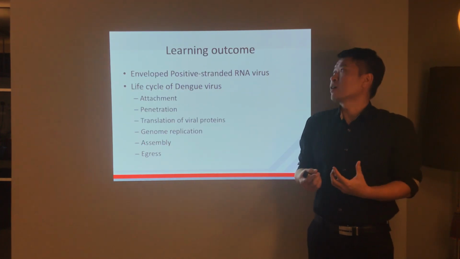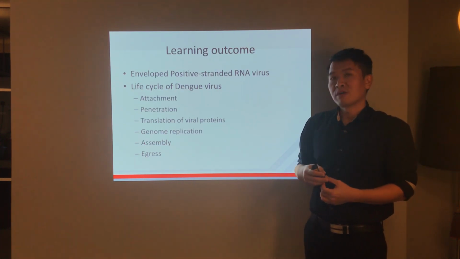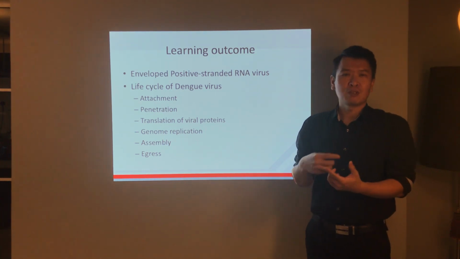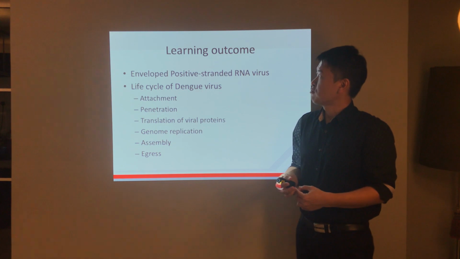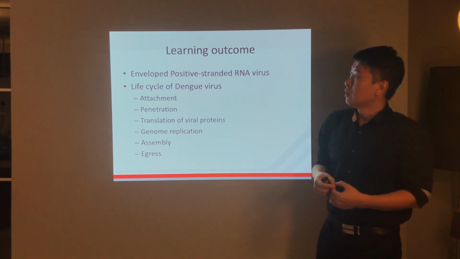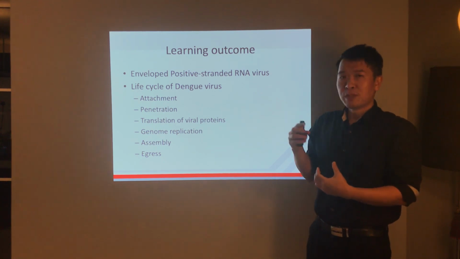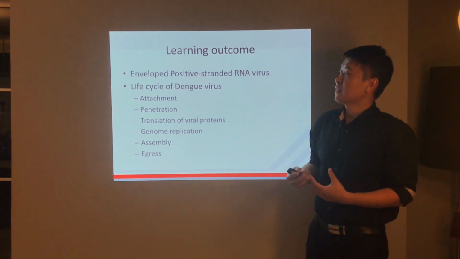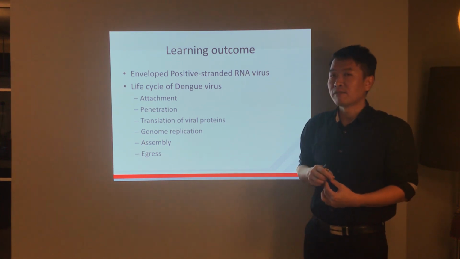Today we would like to talk about the enveloped positive-stranded RNA virus. In previous lectures we talked about the naked positive-stranded RNA virus, and today we are going to look at the enveloped one. That will be the first part, and after that we will talk about the life cycle of a selective virus.